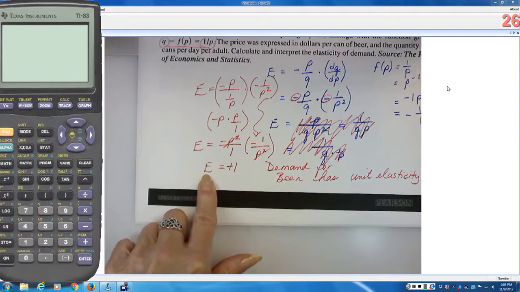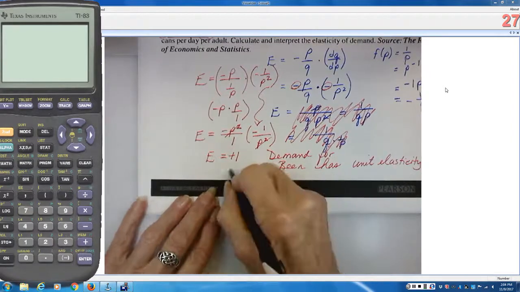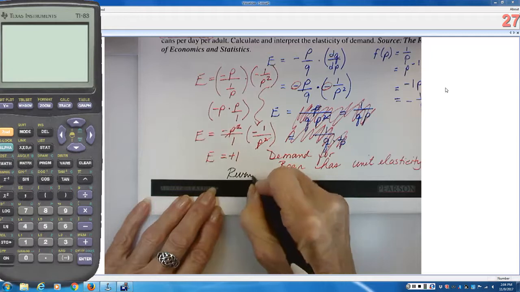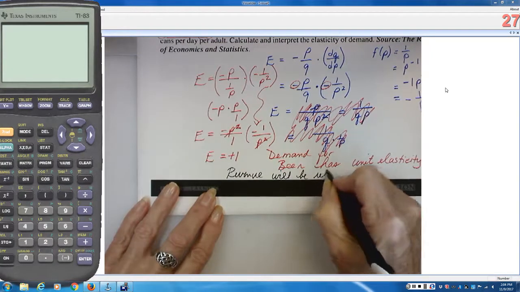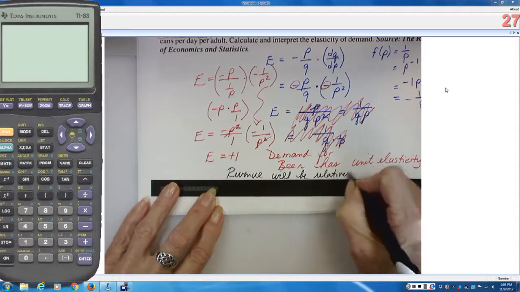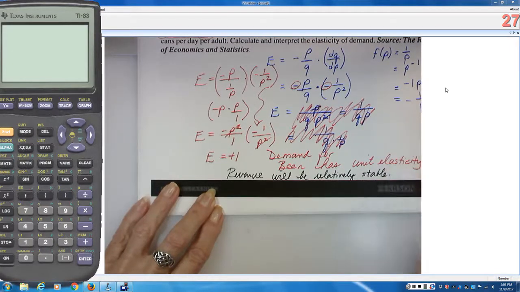They stay relatively in harmony. So long term, your revenue is going to be relatively stable. It's not going to change a whole lot.